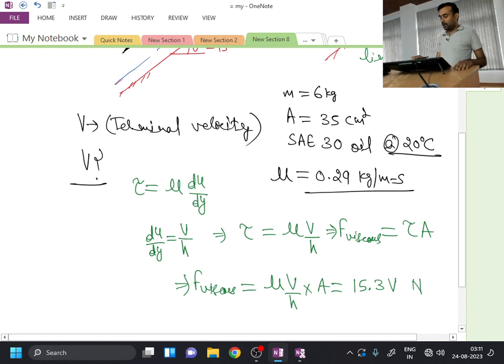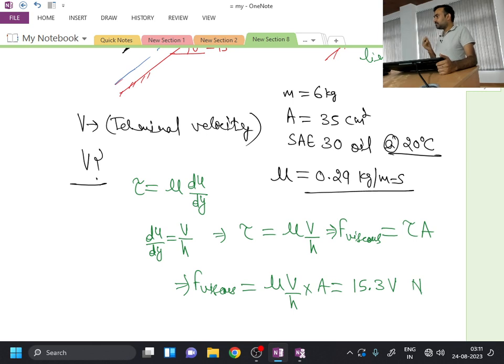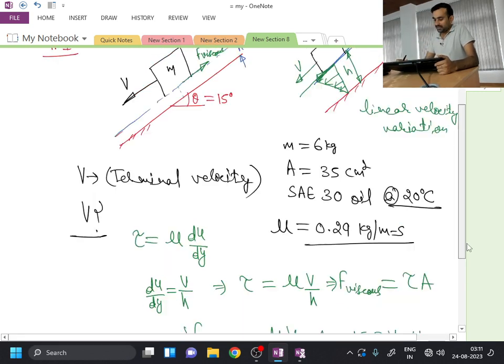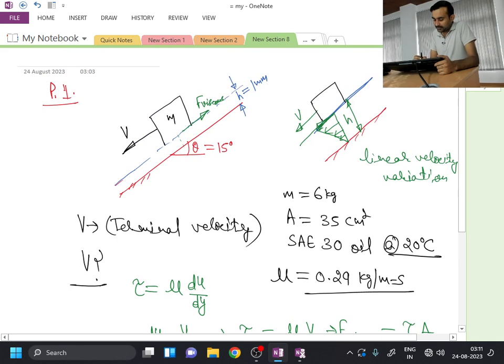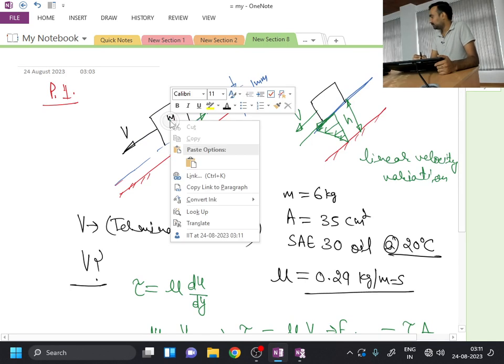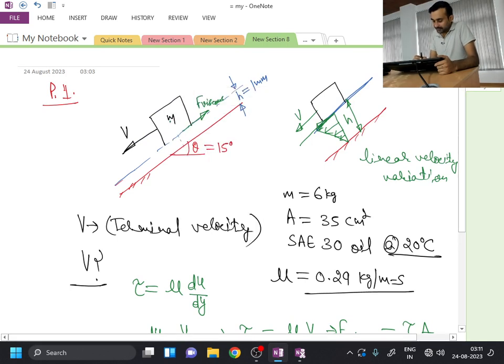Now this force is the resistive force, but there will be some driving force also which is balancing this. In this situation, this is your mass m, it will have weight acting in the downward direction as mg. And what will be this angle?